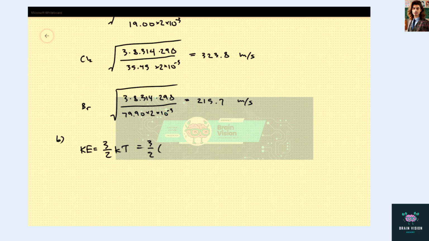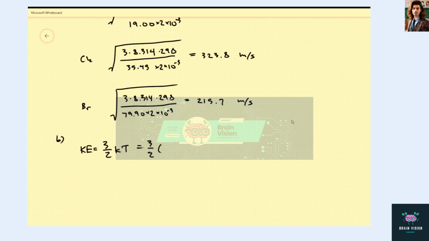Boltzmann's constant has a value of 1.38 times 10 to the negative 23rd joules per Kelvin, times 298 Kelvin. And we can plug this into a calculator, and we get 6.17 times 10 to the negative 21 joules. This is for each individual particle.